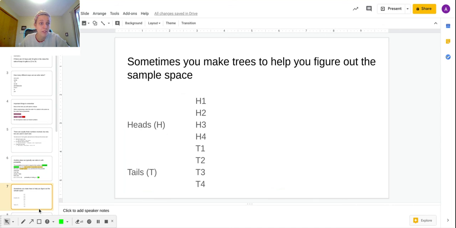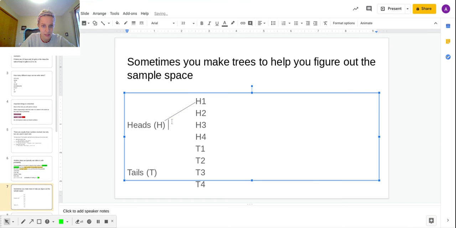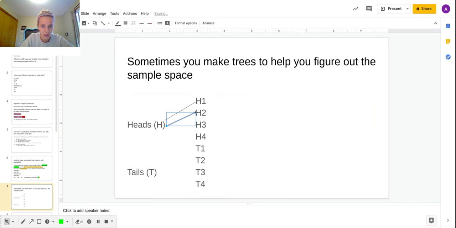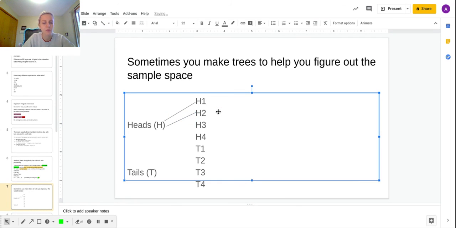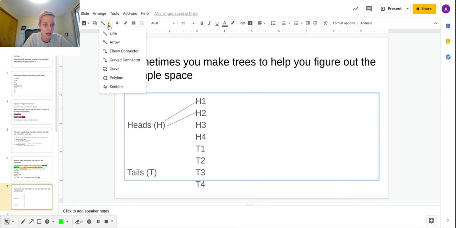A lot of times you guys maybe have used, and I've seen on some of your homework, making a little tree to try to figure out the sample space. That's great. So what those look like, I kind of already wrote some of the stuff out here. This is if we're spinning a 4-section, 1, 2, 3, 4 spinner and doing a coin flip at the same time.